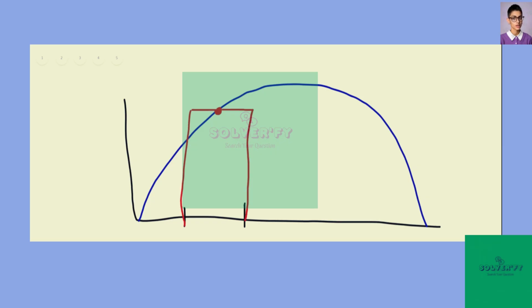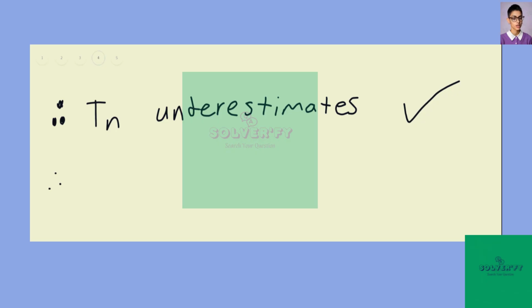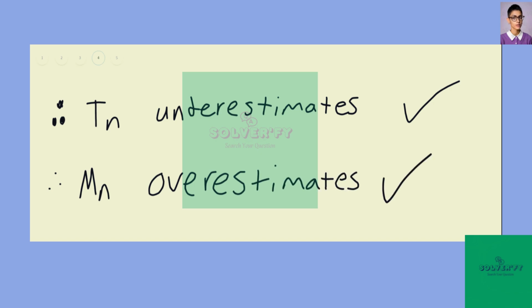And this is pretty clear to see that we get all this, which is under the curve, but in addition, we also get this little portion outside. And if we add extra area with every rectangle, that means that we're going to overestimate the area. So, therefore, the midpoint overestimates.